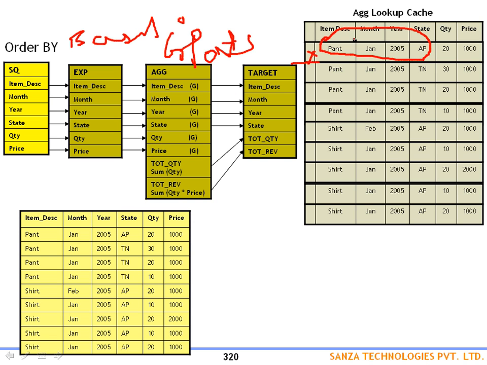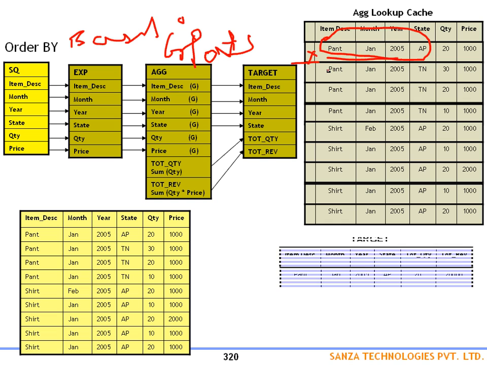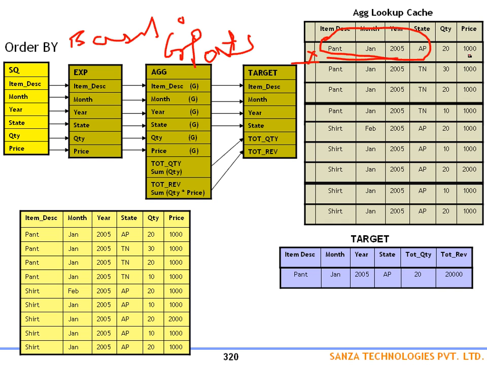So Pant January 2005 AP, no combination of the same record. That means because you did order by, definitely there won't be the same combination of record down these records, because you did order by. So what happens? We take this, send it out, go to the next combination, Pant January 2005 Tamil Nadu.